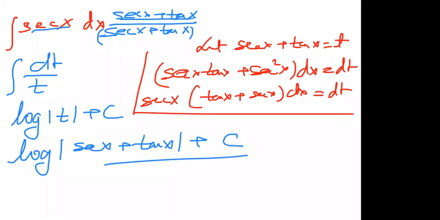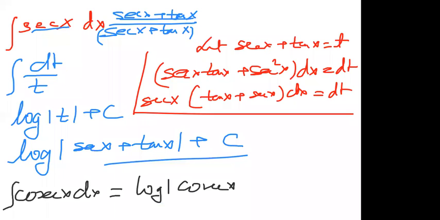Now, in the same way, if the question comes, we need to calculate the integral of cosec x dx. Then the integral of cosec x dx will be, now this could be written as log mod cosec x minus cot x plus c, or minus log cosec x plus cot x.